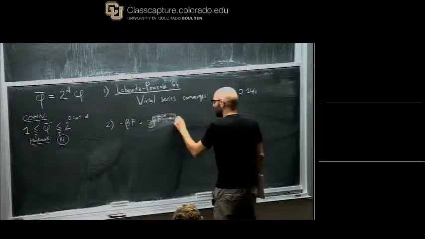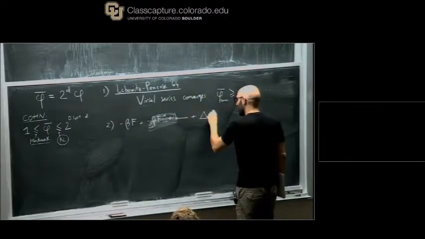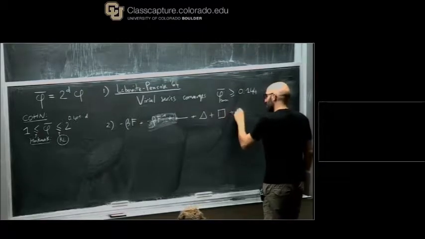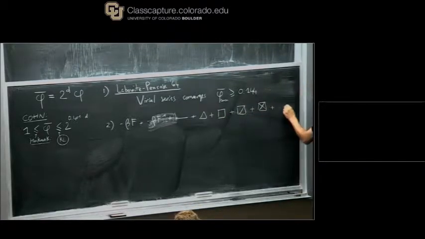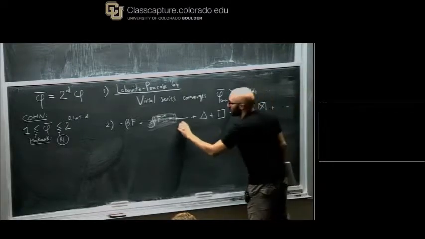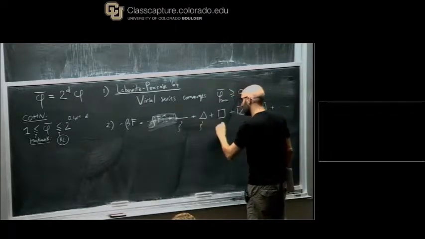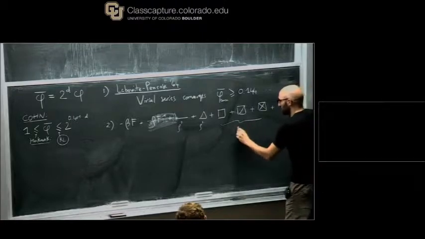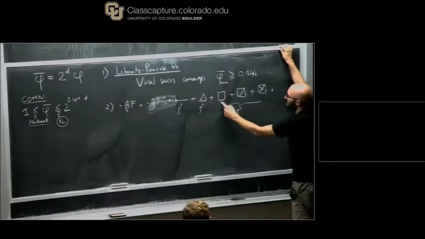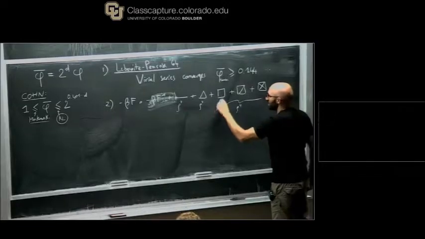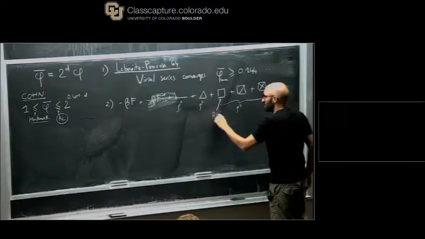And then you have this first diagram, second diagram, third diagram, fourth, and so on, ordered in density. So this is order rho squared. This is order rho cubed. These three are of order rho to the 4. And now if you look order by order, it's very easy to see that what are called ring diagrams are the dominant ones.